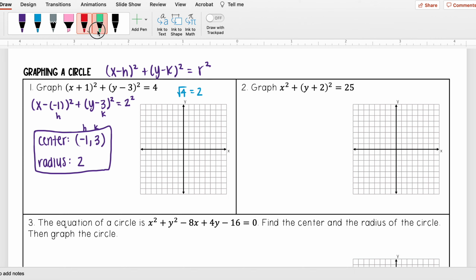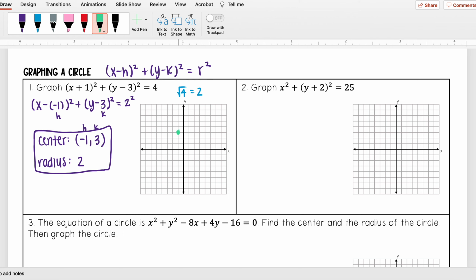Now I can go ahead and graph this. I'm going to first start at my center and graph that point. My center is at negative 1, 3, so I'm going to go left 1 and up 3. And then my radius is 2. Remember, your radius is the segment going from the center of your circle to a point on the circle.